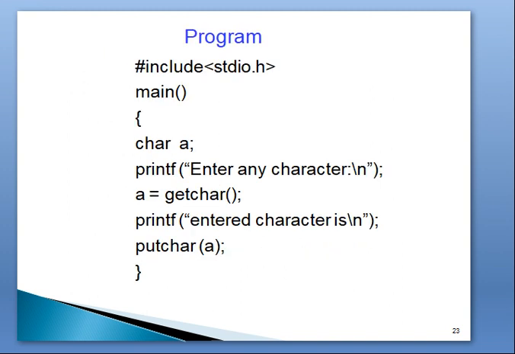We will see a simple program by using the getchar and putchar functions: how it will execute, how it will read the character, how it will print a character on the screen by using a simple example. In this program, in the first line we wrote hash include stdio.h.